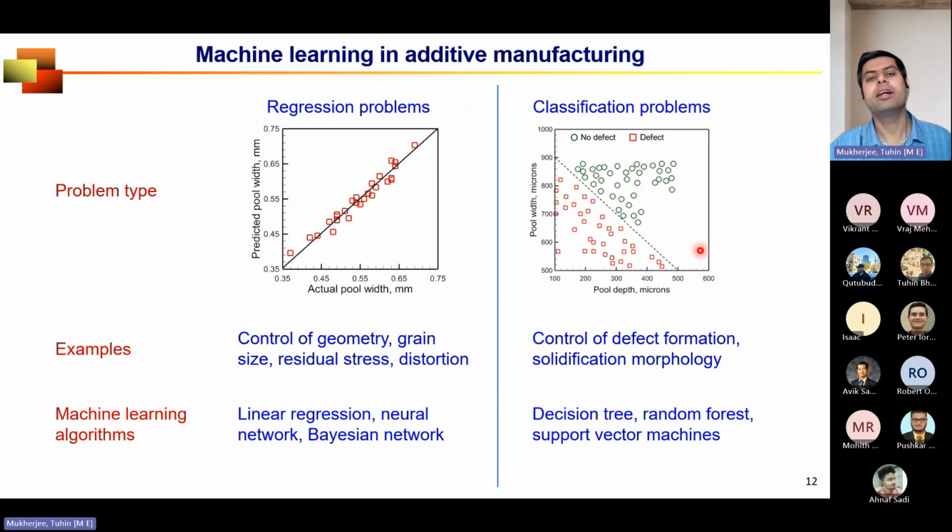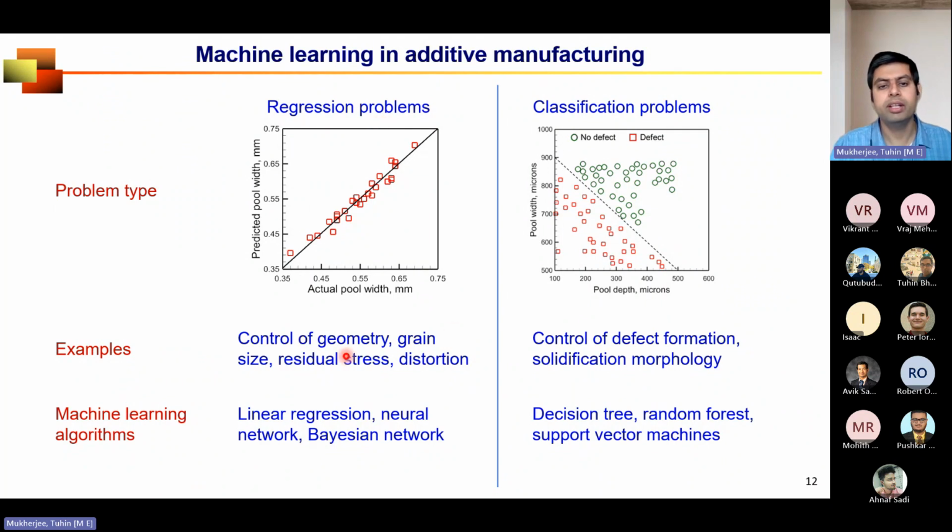The other aspect is machine learning. So when we do not know the physics, we take advantage of machine learning. Now to me, there are 2 types of problems in machine learning that are also very relevant in the context of metal additive manufacturing. One is regression problem, where you can represent the output in terms of a continuous variable.